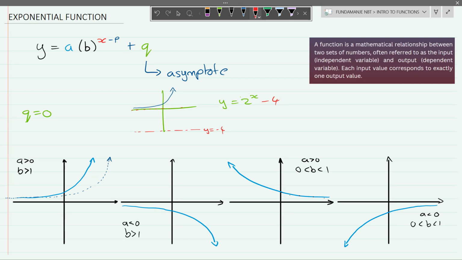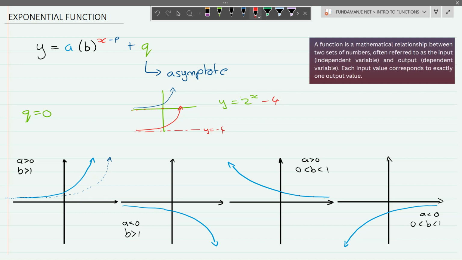And then we have our function, which would look exactly the same as the one on top, except that it now has a different asymptote. And again, it won't cross this minus 4 line, just like it wasn't crossing the x-axis or the y equals 0 line.